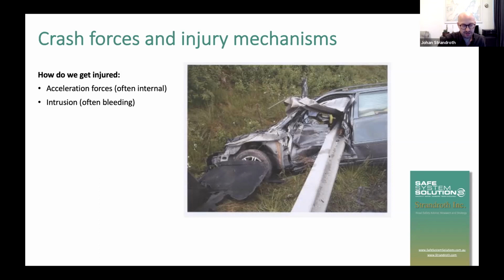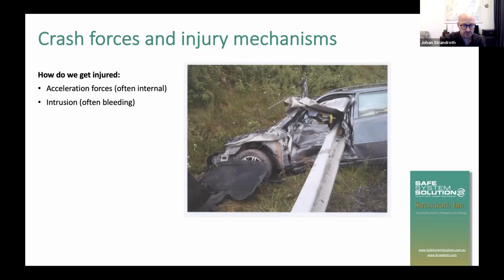But at the end of the day, it's going to be intrusion of a foreign object into my body. And we're talking about injuries that are more like a knife stab. Something's actually intruding into your body, and normally you would bleed out or maybe get crushed because there are such high forces.